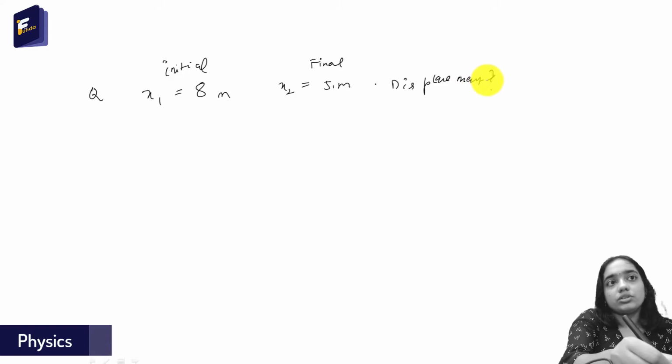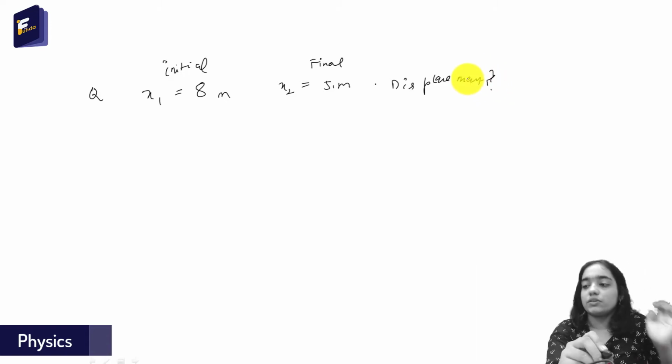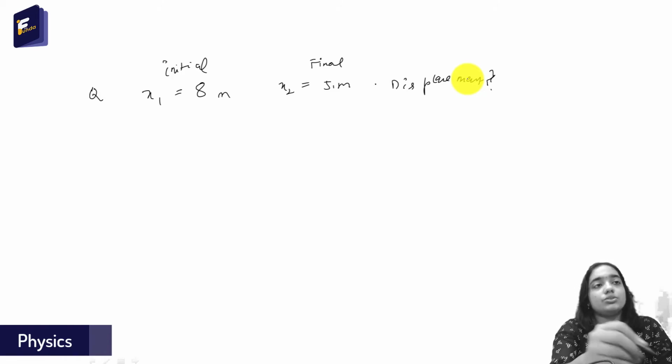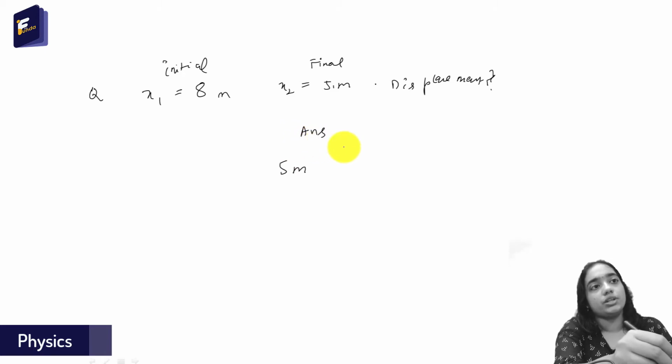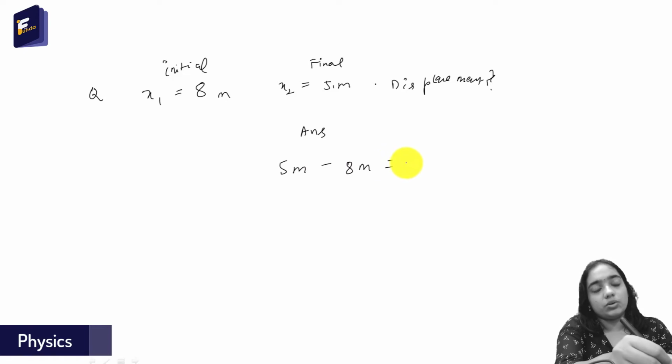Okay, it's a very simple question. Just pause the video and think about the answer. So here the answer is, the final position minus initial position, that is 5 meter minus 8 meter, which is equal to minus 3 meter.